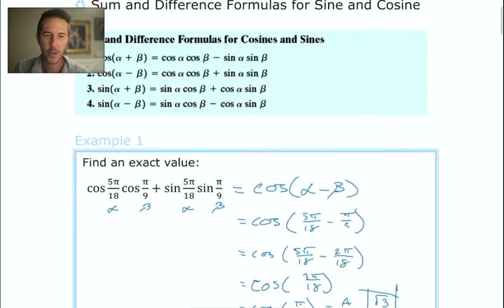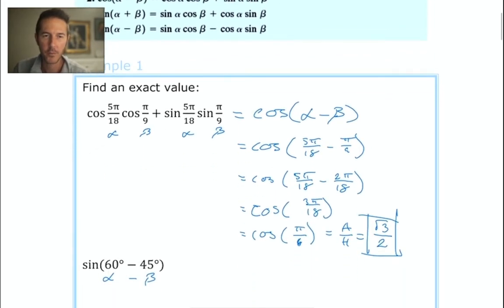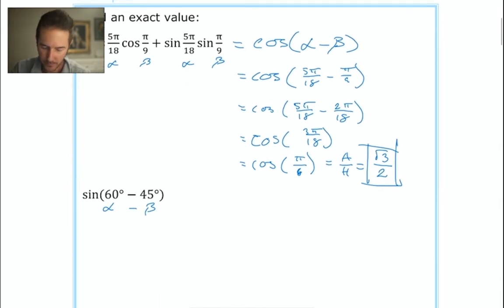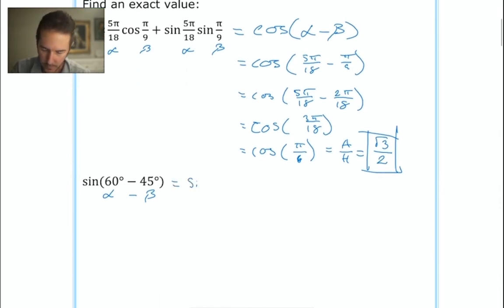This time it's sine cosine minus cosine sine. Sine cosine minus cosine, that's an alpha, sine, and that's a beta.